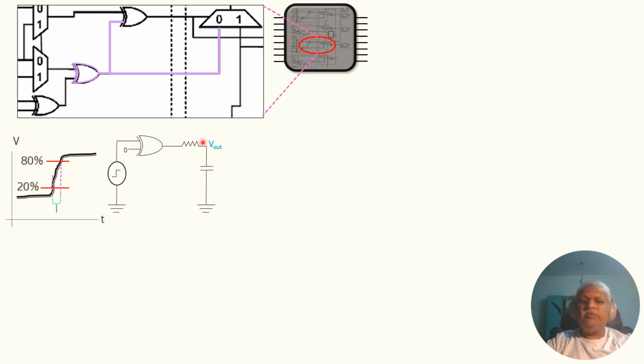So that is the advantage of it. So this net is represented by R and C, and this is the output.